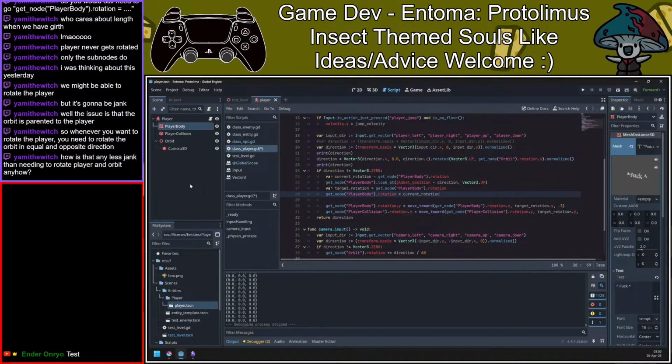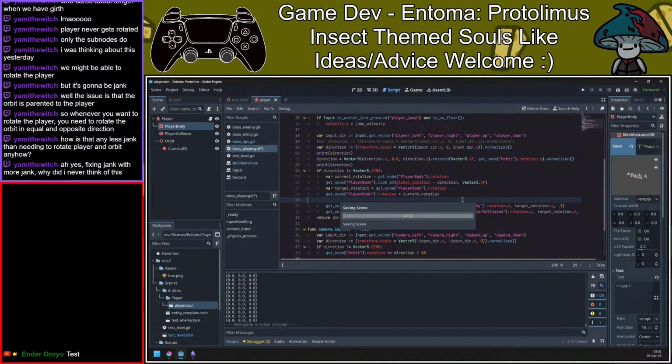How is that any less jank than... No, I'm saying you could avoid that by potentially using more jank. I was giving an equally jank alternative to your original jank alternative. Fixing jank with more jank, indeed. We have 15 paths, and all of them are horrible.